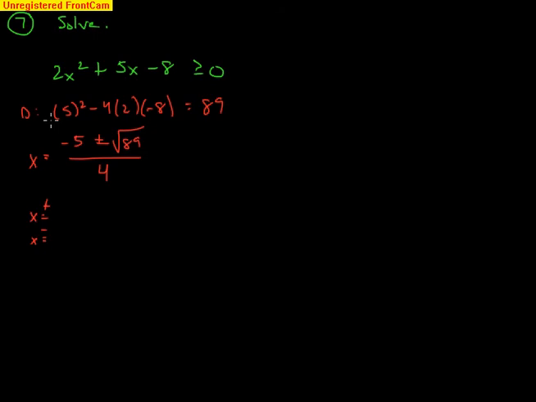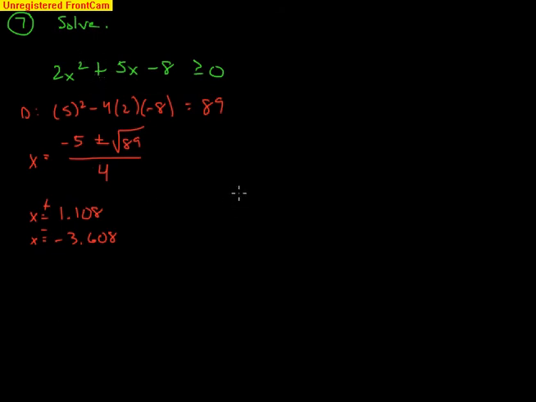I want them both. So we'll go -5 plus the square root of 89 divided by 4. Let's go to 3 decimal places. I got for the positive 1.108. And let's do -5 minus. And for the negative, I got -3.608. So here are my two solutions to this quadratic.